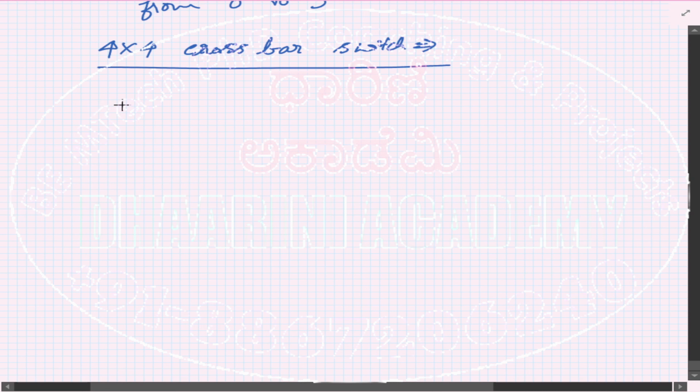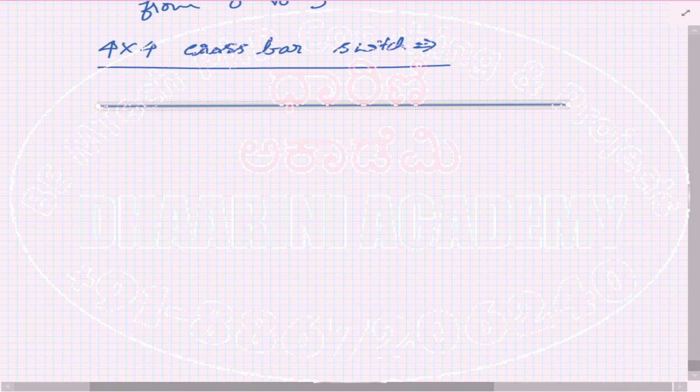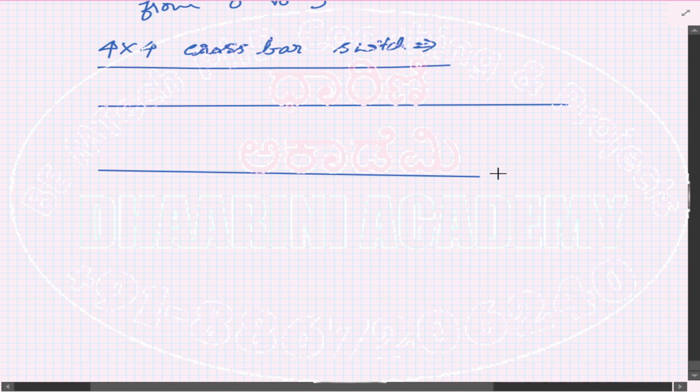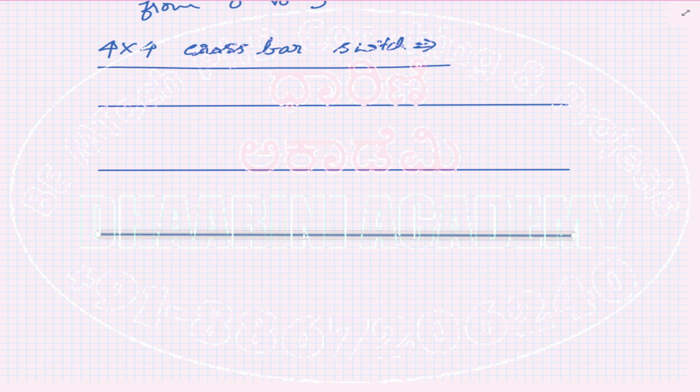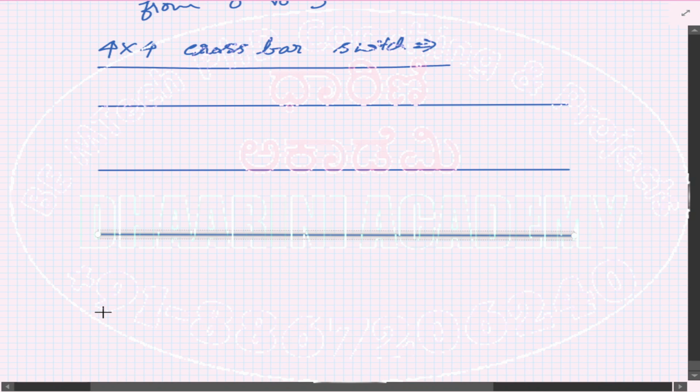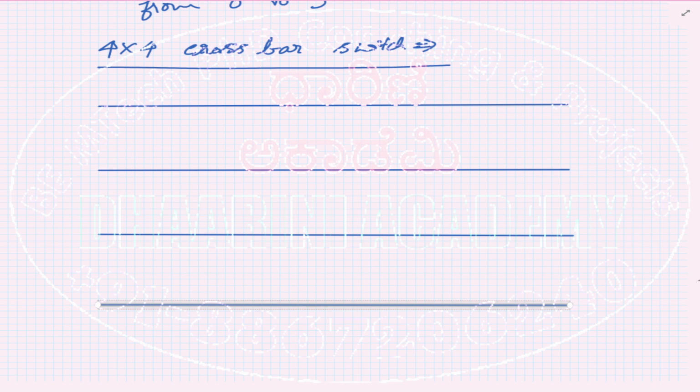All right, so this is the 1, 2, 4. Okay, I'm going to use these 4 lines as the output lines.